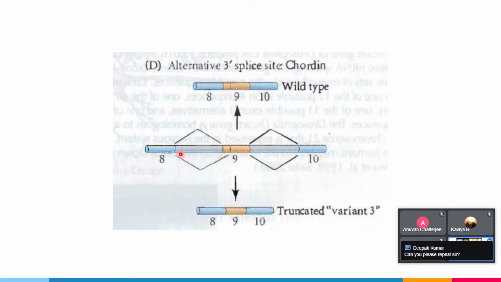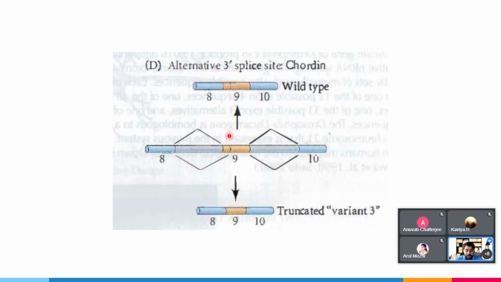So during the splicing process, if we go back to our molecular biology classes, there are particular sequences present at the starting of the intron and particular sequences present at the ending of the intron. These are known as the acceptor and the donor sites, which are actually recognized, and the cut is then made by the spliceosome. In case of normal mRNAs, there is an intron-specific donor site right here and acceptor site right here, and thus the intron is spliced out. But in codon mRNA, there must be an acceptor site right here in the middle of the exon.